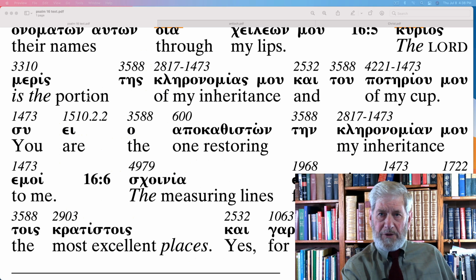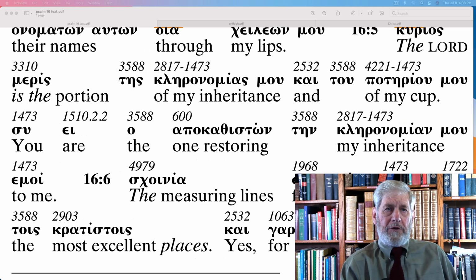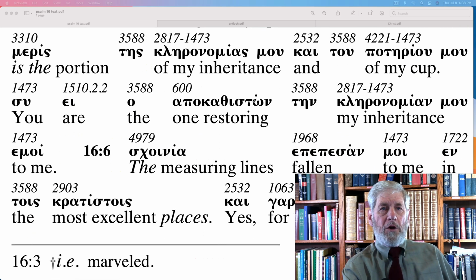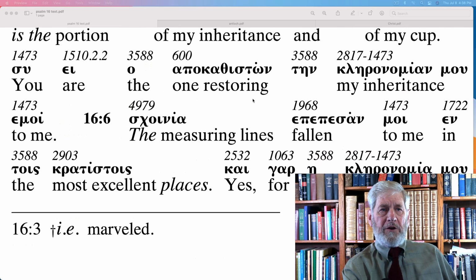That is the things that he receives, that David receives, and the Lord is a portion of our inheritance, what we inherit from God through Jesus Christ, inheriting eternal life. One thing, of my cup, of whatever we are given. You are the one restoring my inheritance to me.